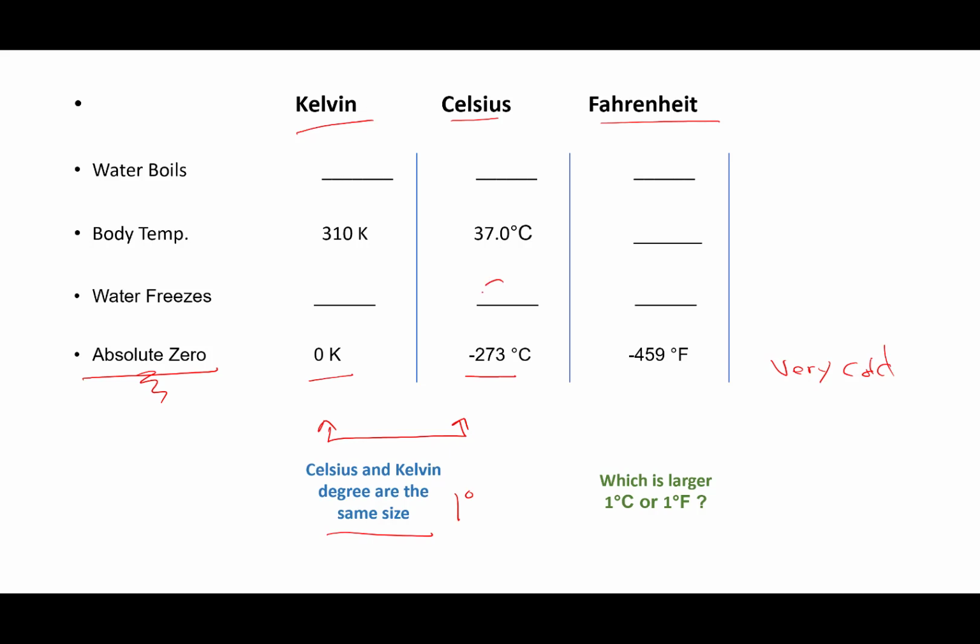Now, 0 degrees Celsius is the temperature at which water freezes. The Kelvin temperature scale, that is equal to 273 Kelvin. Now, you may notice a slight differentiation of how these temperature degree indicators are written. You'll notice that for Kelvin, it is just indicated with a capital K. When you're talking about degrees Celsius, there is a little 0 as a superscript next to capital C for Celsius.